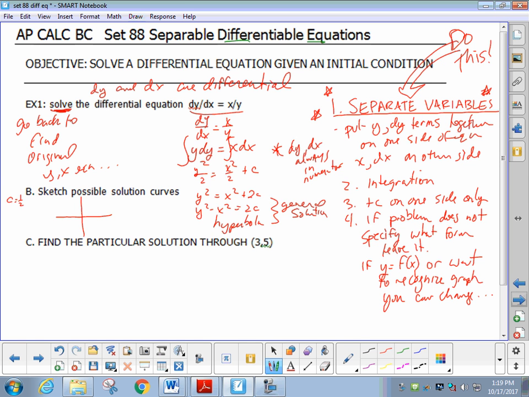Opens, whatever, up and down. You know what I mean? Where are the vertices? 0, 1, and 0, negative 1. Remember when you go to graph hyperbolas, they're quasi-linear, not parabolic. They follow linear asymptotes.